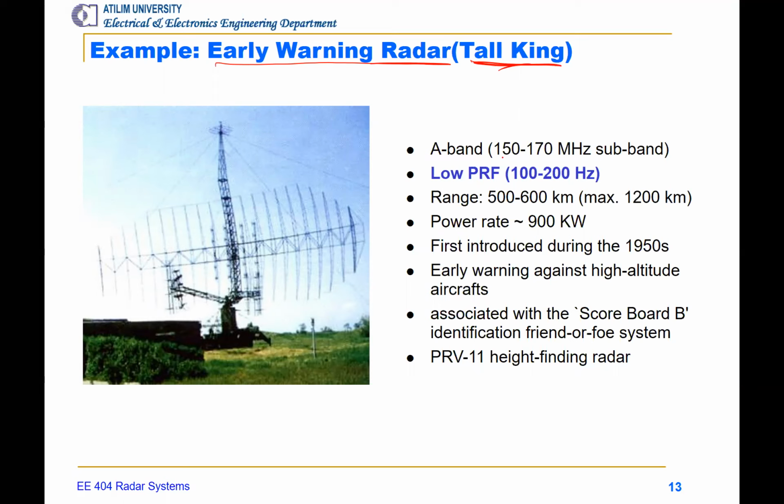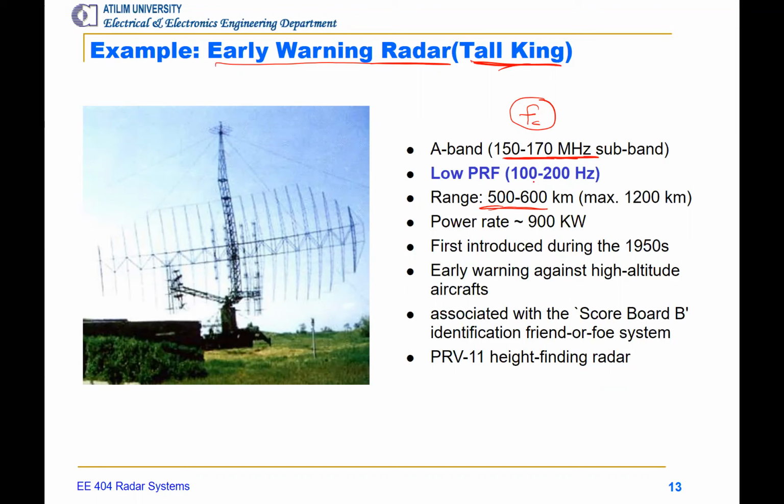It uses the 150 to 170 megahertz band. This is the operational band, so it is about fc, the carrier frequency, or cosinusoid. And the range is 500 to 600 kilometers, depending on the position, location of the radar and the target.